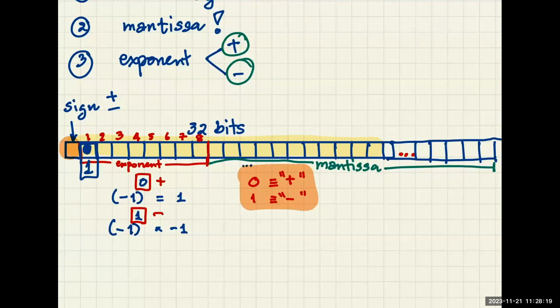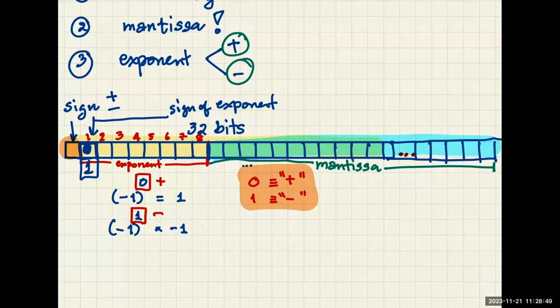And the last 23 bits are reserved for the mantissa.